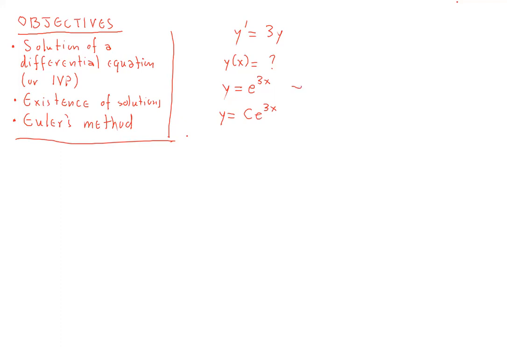So this is what I would call a special solution obtained for c equal to 1. So the special solution is part of the general solution for c equals 1.